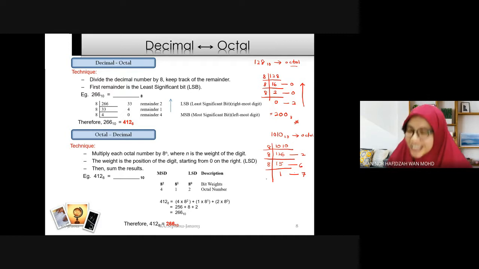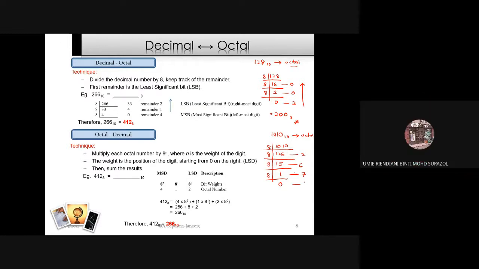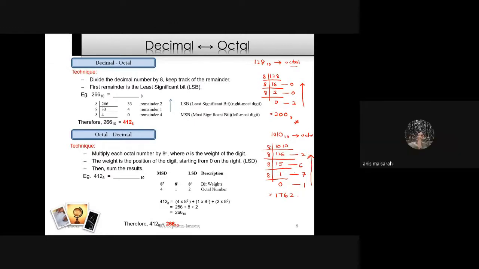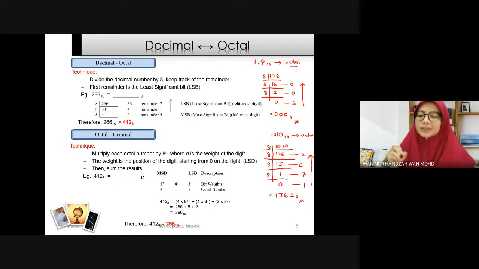Just 7. So 1 divided by 8 is 0. The answer? Alamak, madam didn't have time to press the calculator. No need to press the calculator. This is easy, right? So the answer would be 1762 base 8. Don't forget.